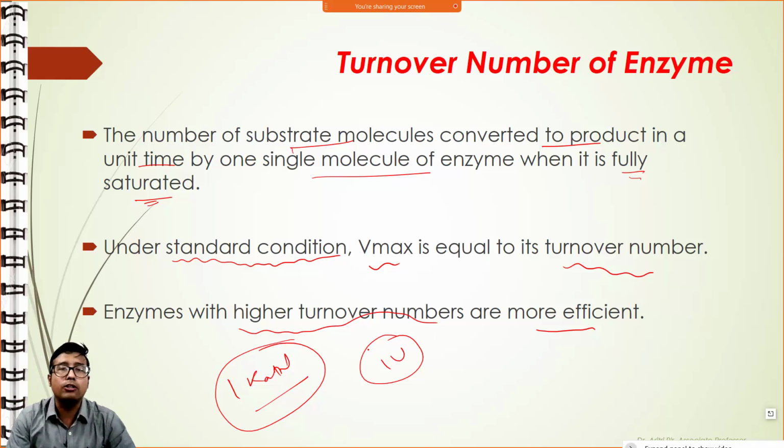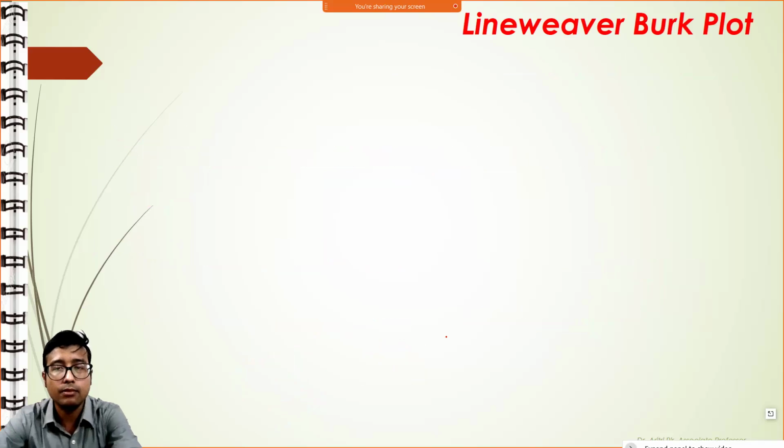I want you to answer the relationship between katal and international unit. Just research when the class is over. First tell me which unit is bigger, and then write the relation or the formula by which we can convert one katal to international units. This is very important, but know this: turnover number of an enzyme is the measure of its efficiency.